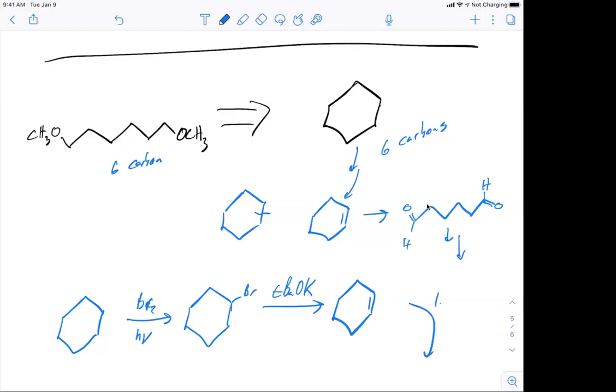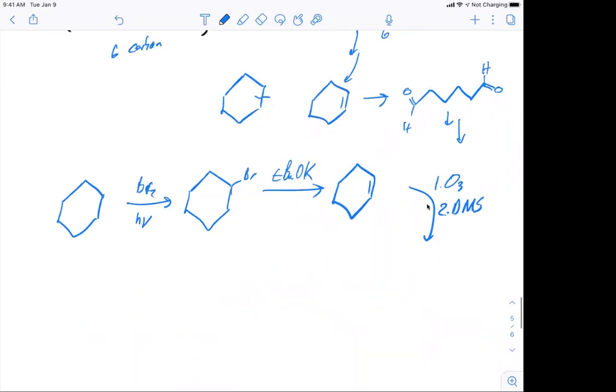Then ozonolysis, I do the ozone followed by the DMS, which would result in DMSO. We saw that in chapter 13. This gets me to the aldehyde. Okay, so we get the dialdehyde there.